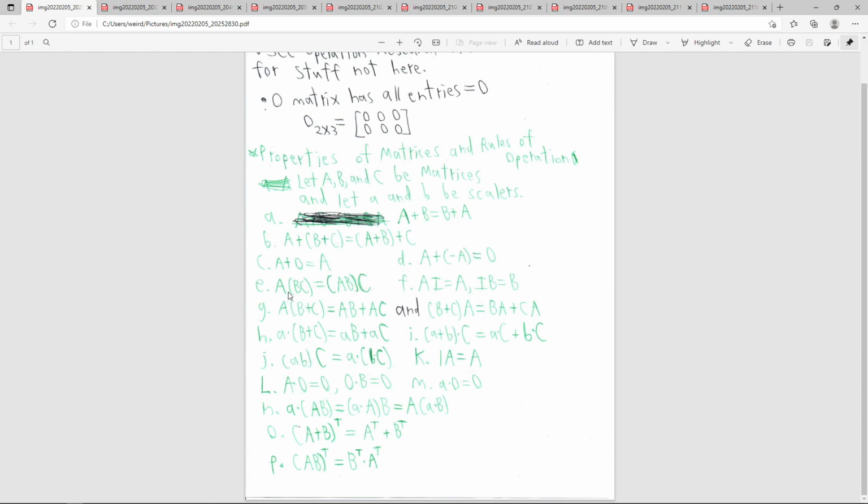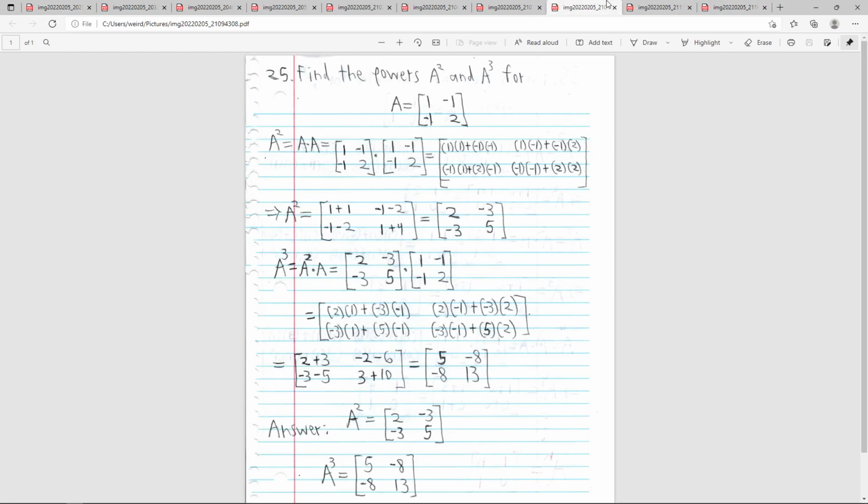Because if we split A cubed into A times A times A, like 3 separate matrices, the order would not matter, I believe, because A times BC equals AB times C. Either way, we don't have to worry about this property too much. Just think about it. It works.